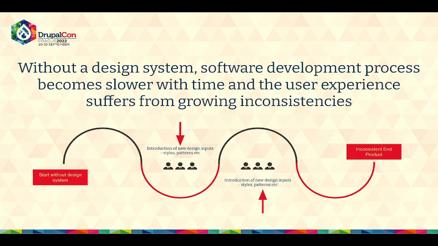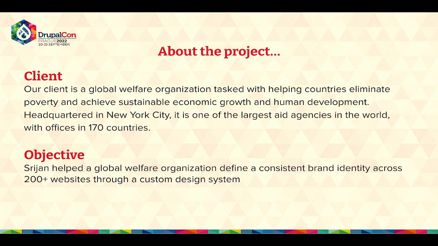Coming to the project that we worked on, right? Now, this basically defines what a design system is. The project, basically, our client was a global welfare organization tasked with helping countries eliminate poverty, and achieve sustainable economic growth and human development. I think it's pretty obvious by now that you know who the client is. It is headquartered in New York, one of the largest aid agencies in the world, operating in 170 countries.